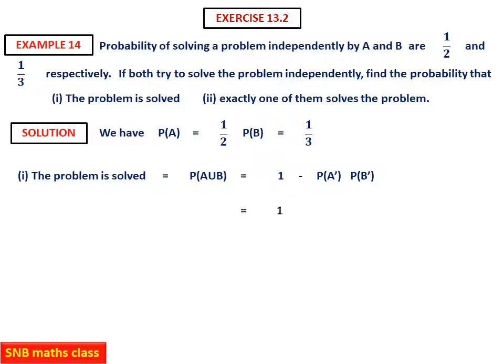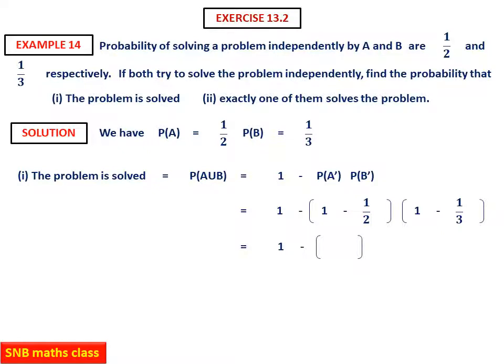Now substitute 1 minus, what is probability A complement? That is 1 minus probability A, that is 1 by 2. Similarly, what is probability B complement? That is 1 minus 1 by 3, because probability B is 1 by 3 and probability A is 1 by 2. Simplify.